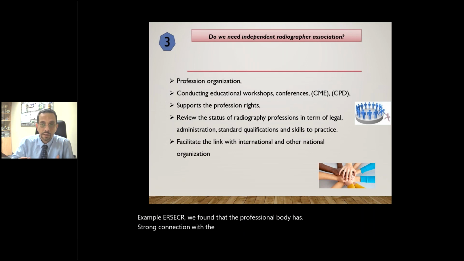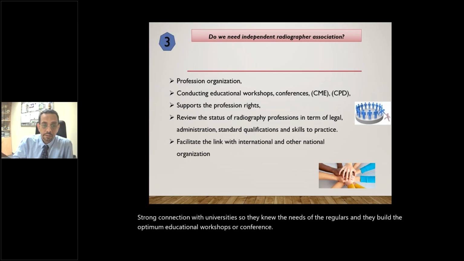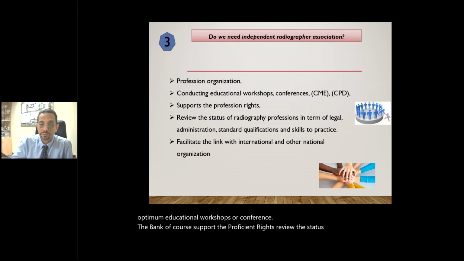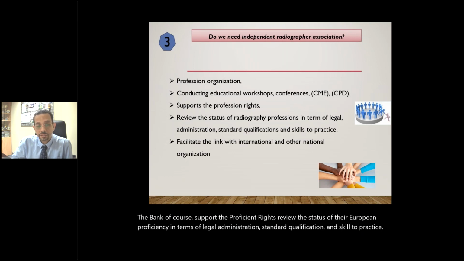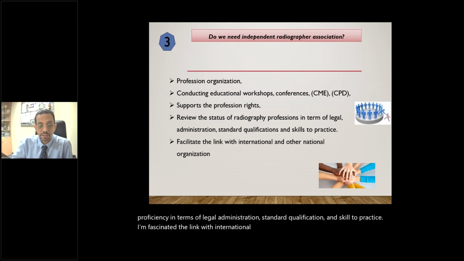So they knew the needs of the radiographers, and they built the optimum educational workshops or conferences. Of course, they support the professional rights, review the status of the radiographer profession in terms of legal, administration, standard qualification, and skill to practice, and facilitate the link with international and other national organizations.